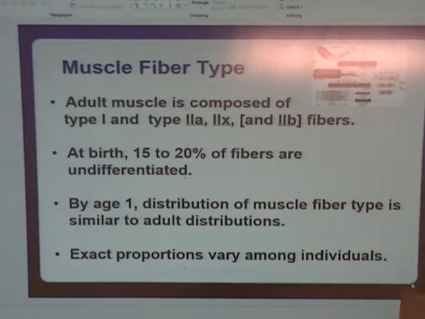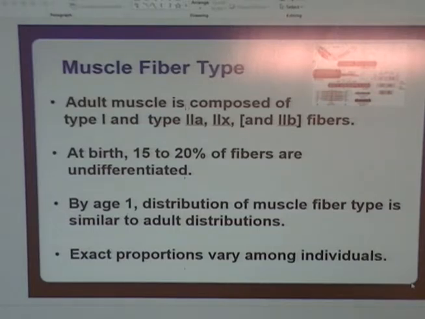Okay, so when you take exercise physiology, we do a lot more about muscle fiber type. But we'll just go through a little bit because there's some interesting impacts on children, okay?